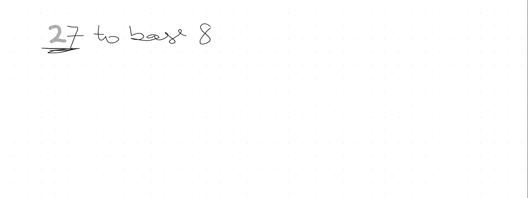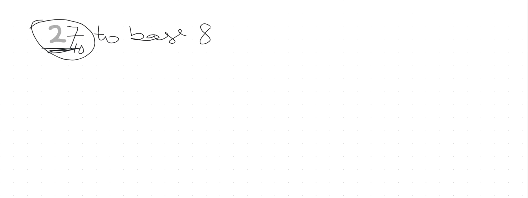So first, what you have to identify is how many singles can we get in 27? If you're having 27, it is 2 bundles of 10 and then 7 singles, right?